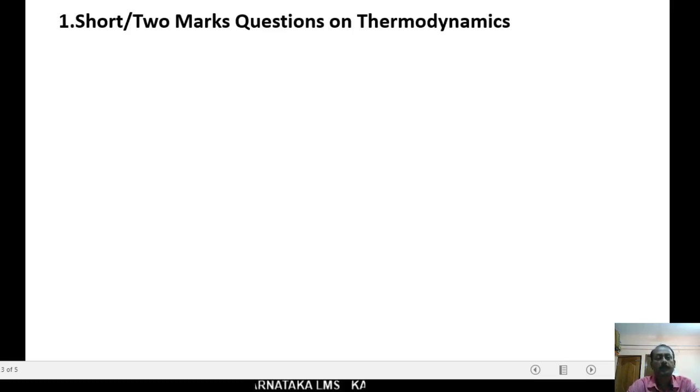Here, these 2 marks questions are framed in part A, section A. Here in this part, you have to answer any 7 questions out of 9. Each carries 2 marks. And part B contains 4 marks questions.